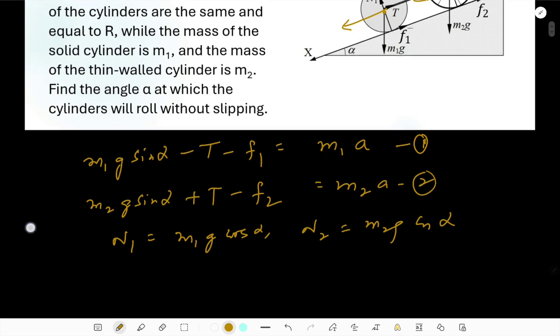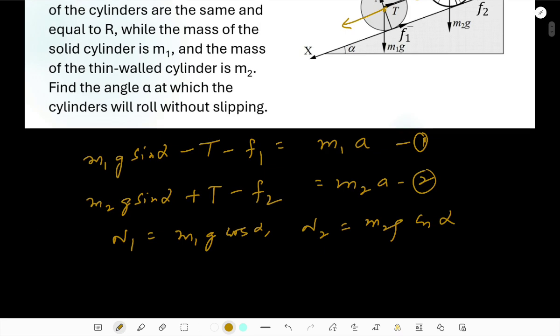So the torque equation for the lower cylinder will be F1R, R was its radius, remember, equals its moment of inertia, that will be mr square by 2, I guess, times its angular acceleration. Let's write it as beta.